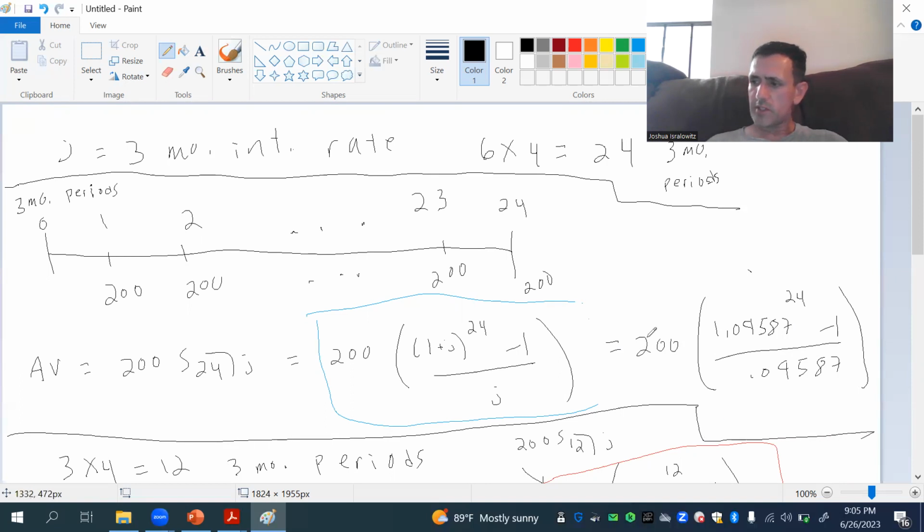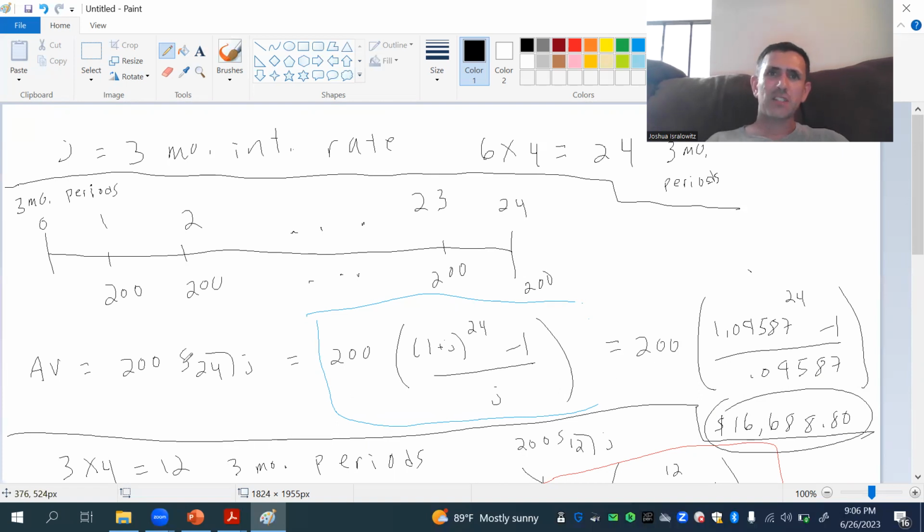This is getting a little messy, sorry about that. You might get a slightly different answer if you don't round and just store what you get for j in the calculator, but it's still off by I think only $2 if you do that. That's 2, not 20 or something else. Only $2 ish. All right, so this is your answer.